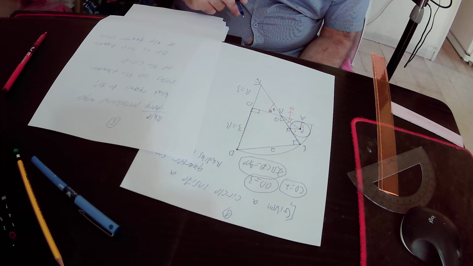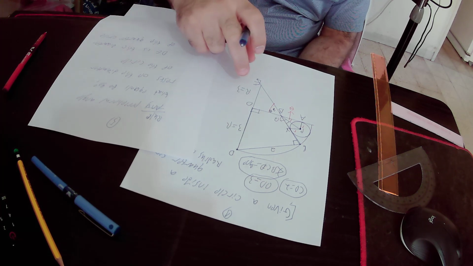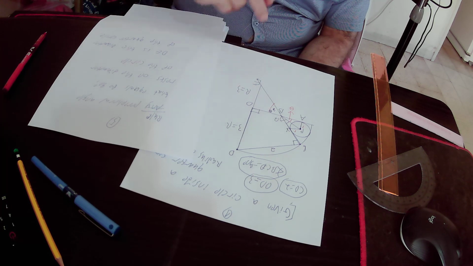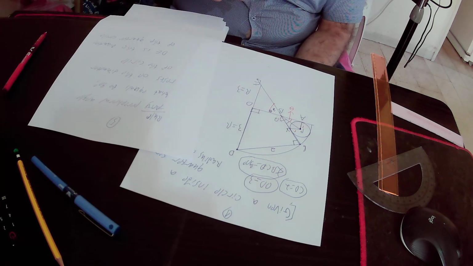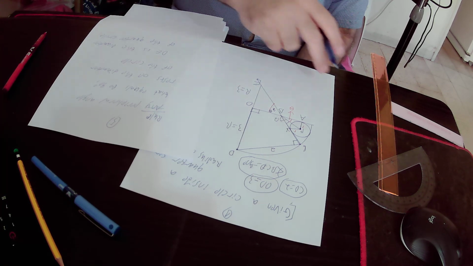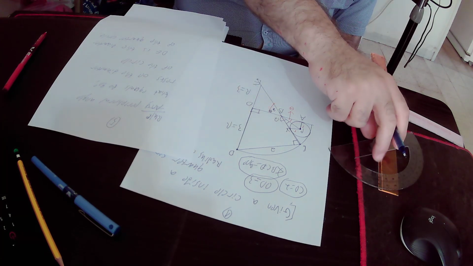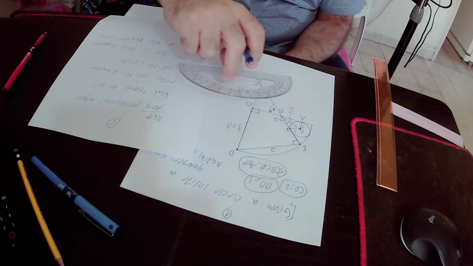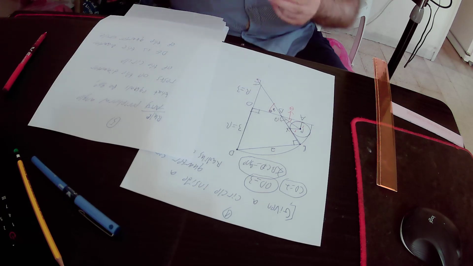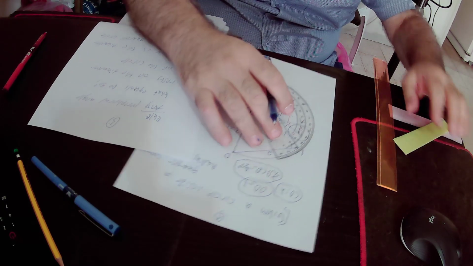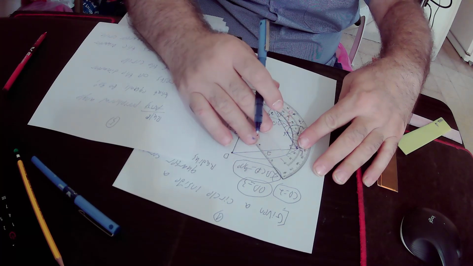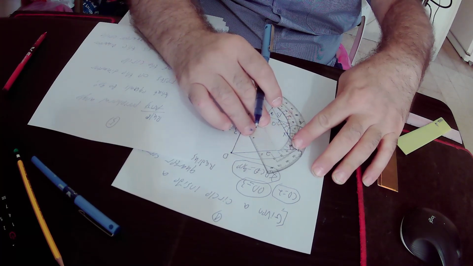Okay? Because DE is the diameter of the quarter circle, we will complete the quarter circle. We will create a semicircle from the quarter circle by drawing a semicircle.